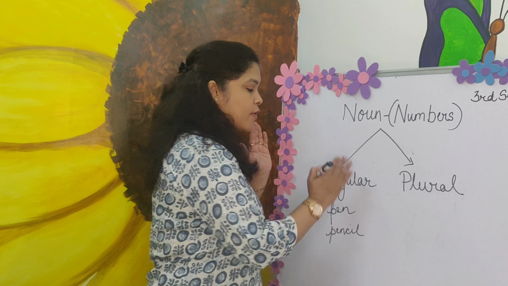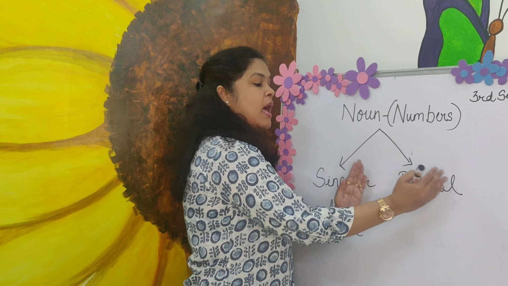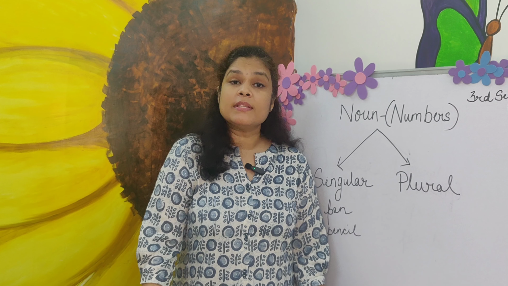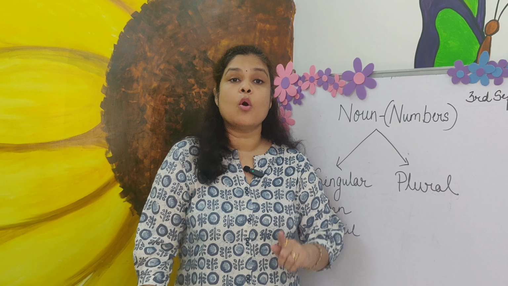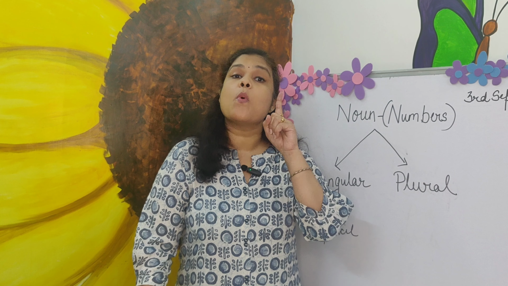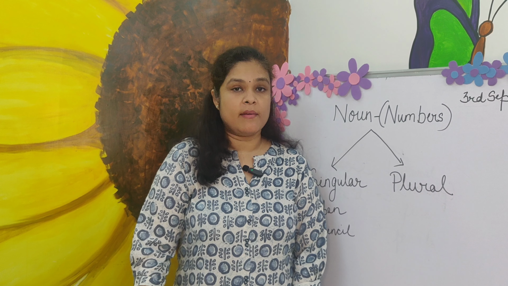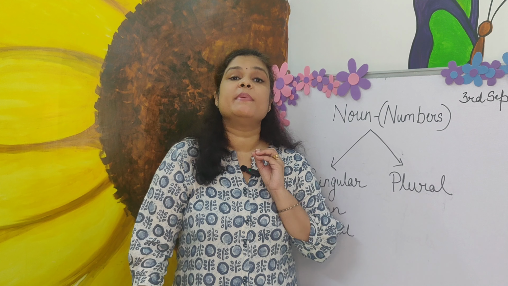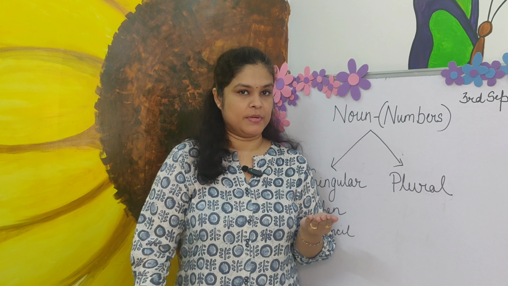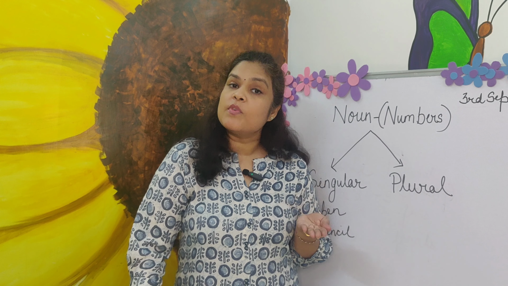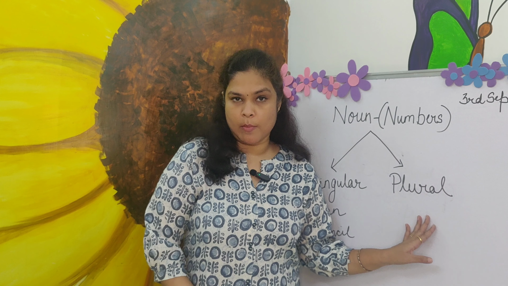It is divided into singular and plural form. A noun that will denote a single or one person or one thing will be known as singular noun. Whereas any noun that will be denoting more than one person or more than one thing as well will be considered as the plural form of the noun.